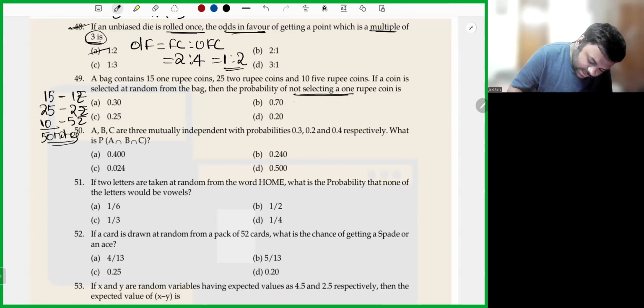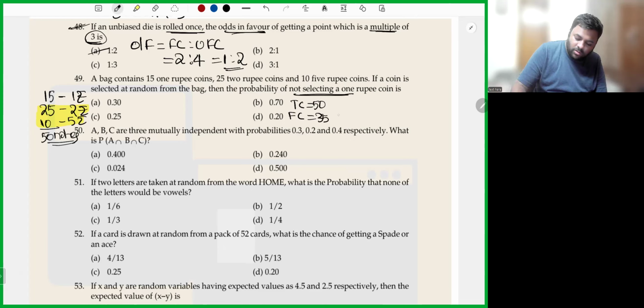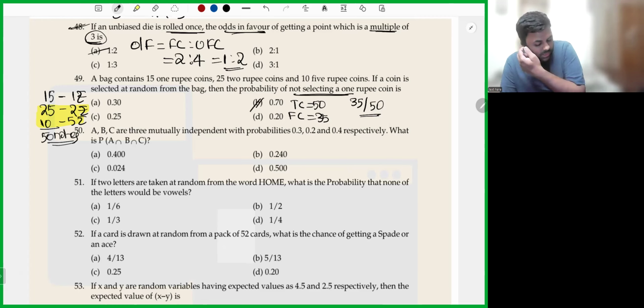What are the total cases? 50. Favorable cases: what are the notes other than 1 rupee? These two, so 35. So probability is favorable cases by total cases, which is 35 by 50, which is 0.7.